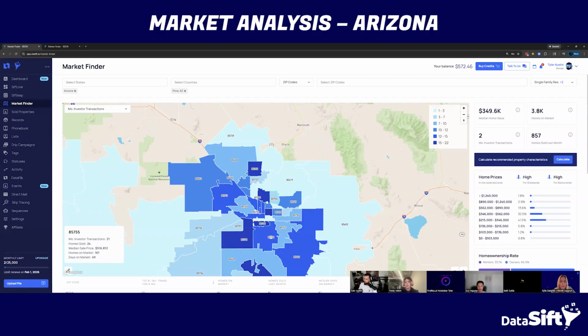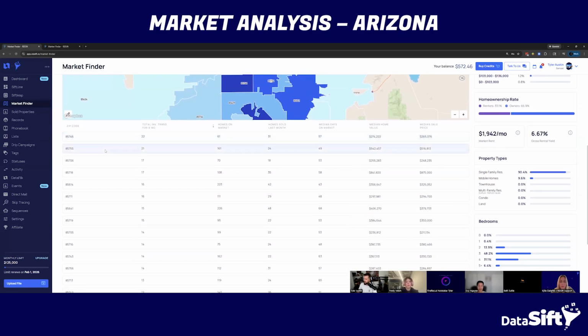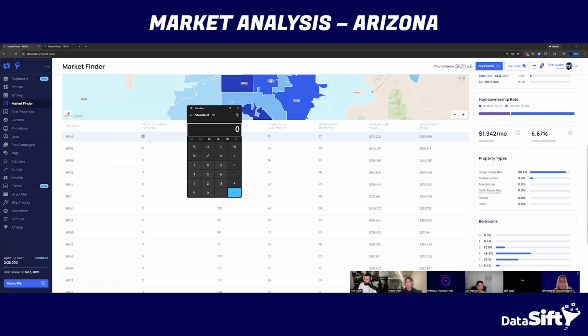Instead of hovering at this point, I'm just going to scroll down and look at it from my table view to make it a little bit easier on myself. So what do I like to look at at a high level here? I like to look at the total amount of transactions that are happening for investors. Remember, this is over 6 months. So 22 divided by 6 gives me 3 a month.